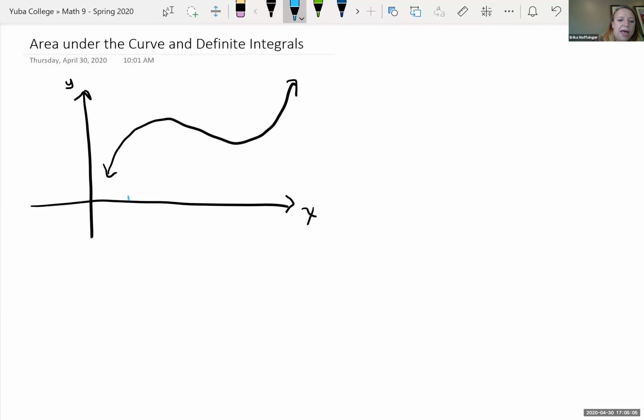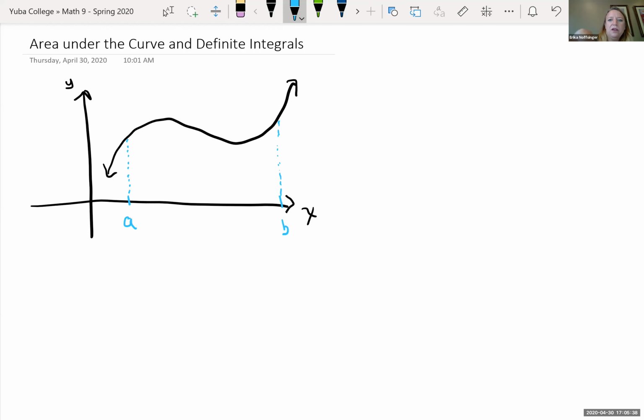So you have some value a here, and some value b here, and you want to find the area bounded between a and b. Right now we don't know how to do that, but we know how to find areas of shapes. If we could make this into shapes that we know how to find the area of, then we could get an estimate of what's going on.